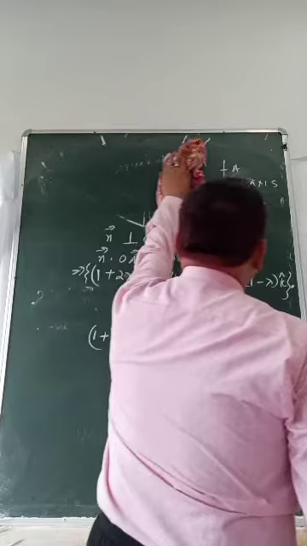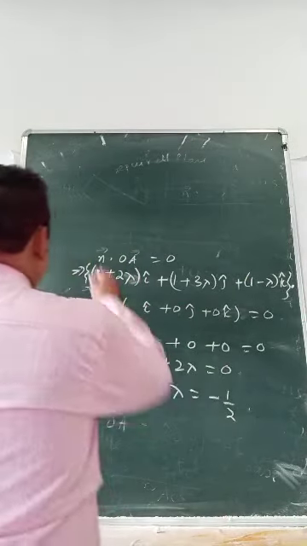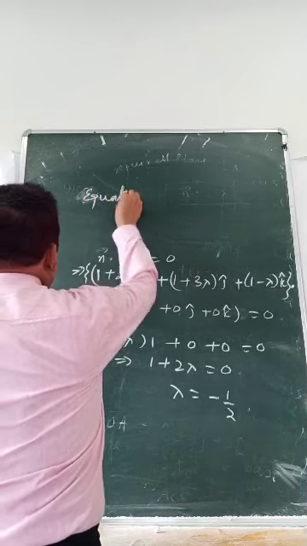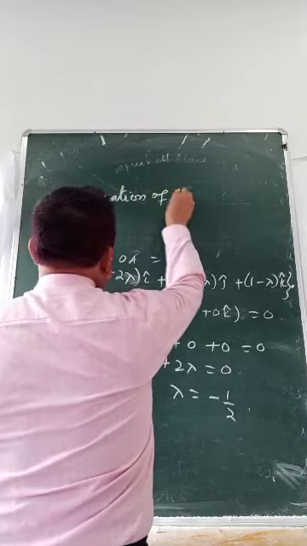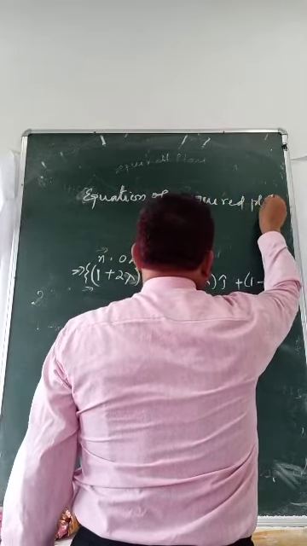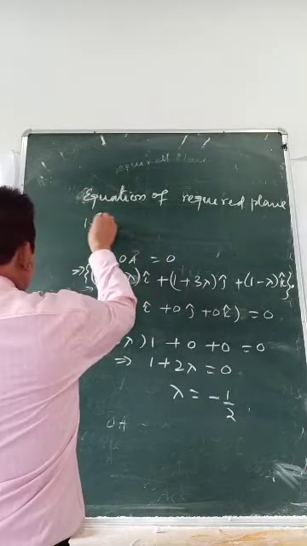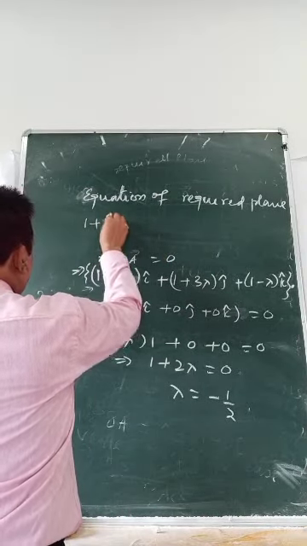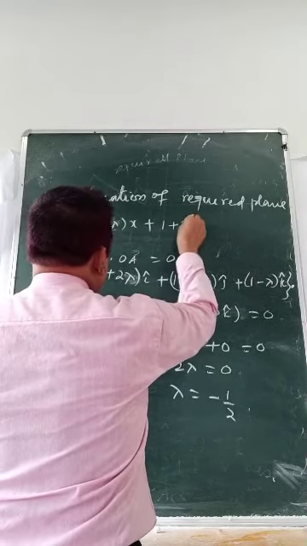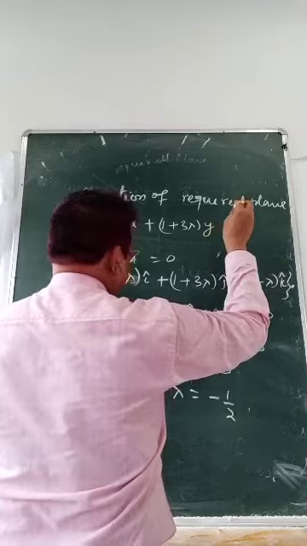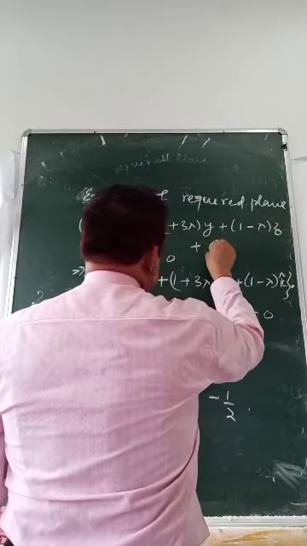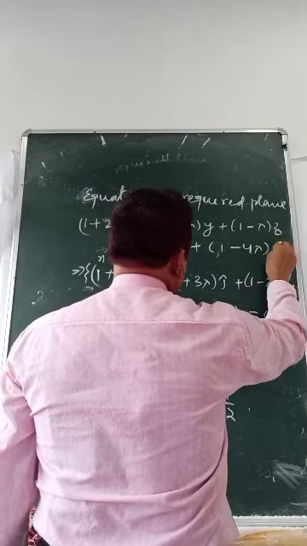The equation of the required plane was (1 plus 2 lambda) x, (1 plus 3 lambda) y, (1 minus lambda) z plus (minus 1 plus 4 lambda) equals 0.